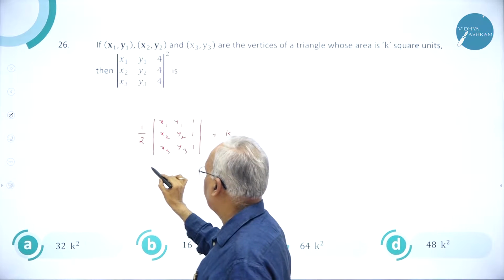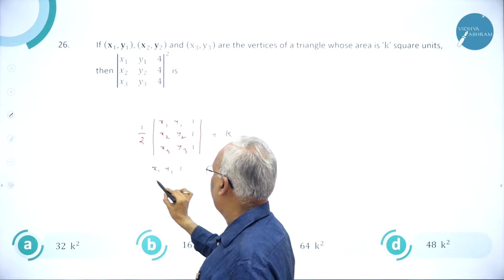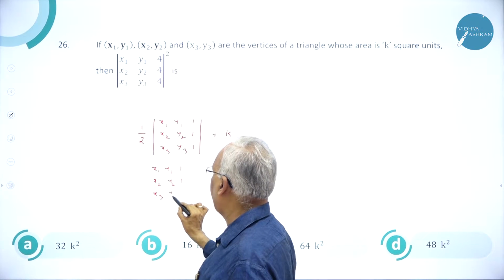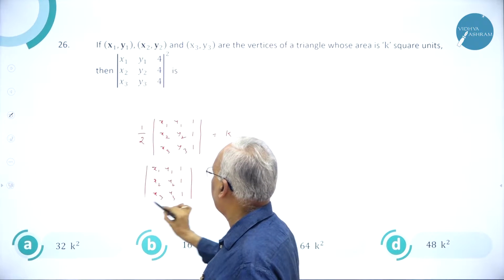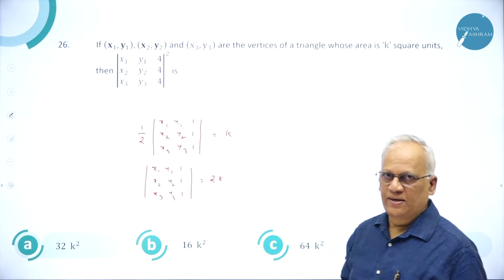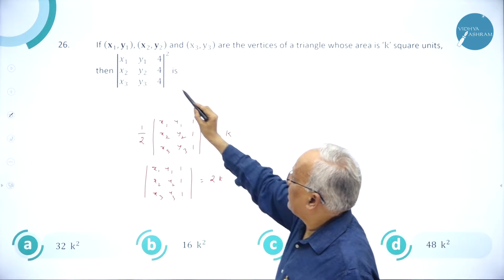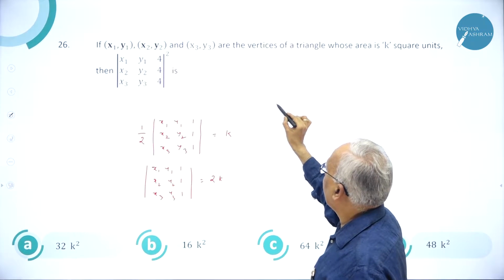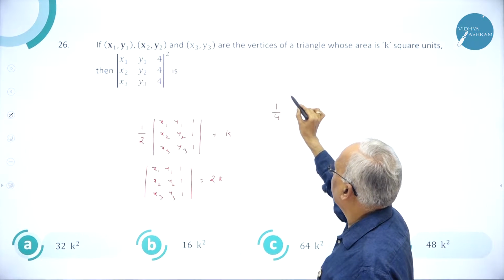So what you do now: x1, y1, 1, x2, y2, 1, x3, y3, 1 is equal to 2k. You can cross multiply and get this. But in the last column, the required expression has 4, 4, 4. So what I do, I divide by 4 and multiply by 4.